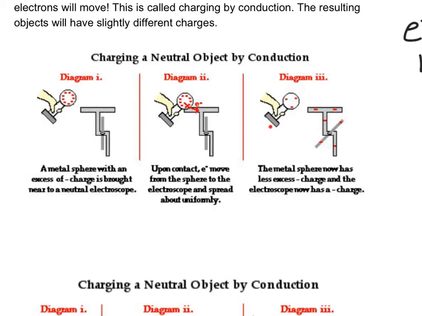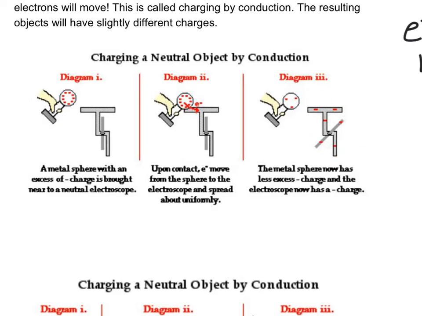When we remove that first object, they're both negative. Notice they're both negative, but our initial object is less negative than it started out being. So there's only 3 negative symbols here compared to 10-ish. And some of those electrons went here.